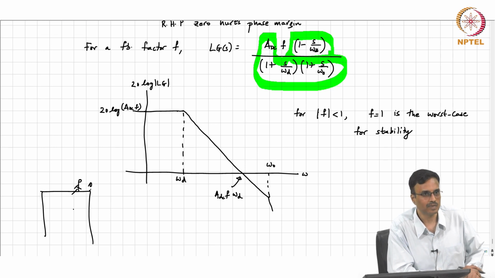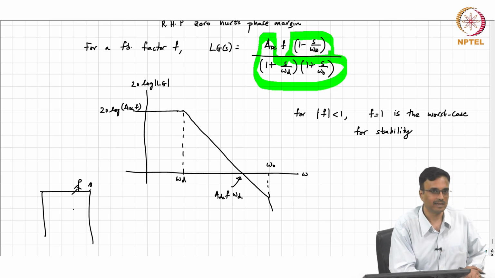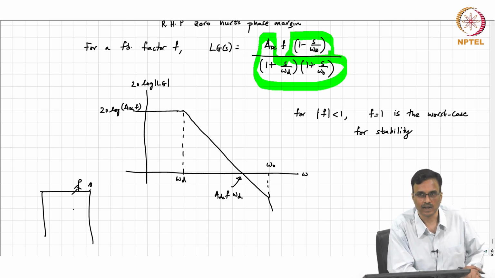In circuit terms, something changes: you thought these parasitics were something, or you missed a decimal point, and the parasitics turn out to be much larger. Then you will end up with instability. You understand?